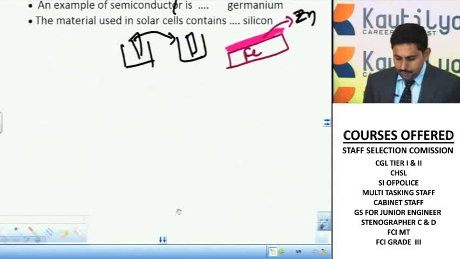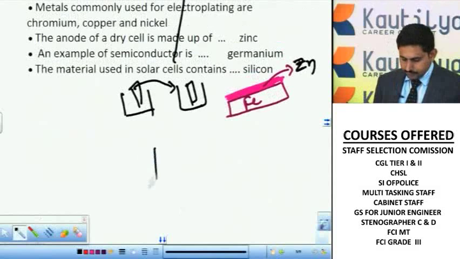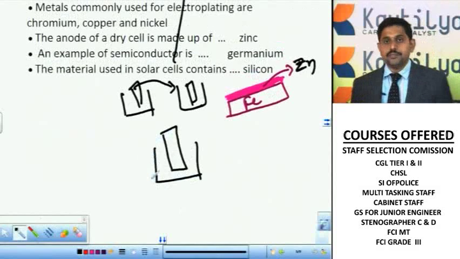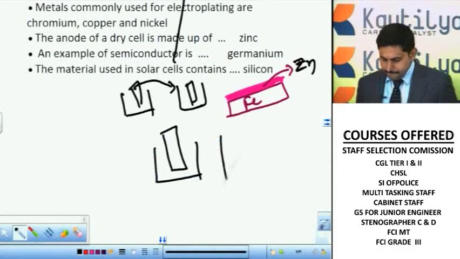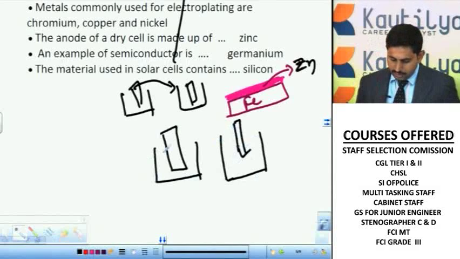Okay, so now, for example, consider some impure metal. I want to separate the impurities from this metal, and I'll take a pure metal. For example, consider a copper ore, and I have taken a copper metal in pure form.